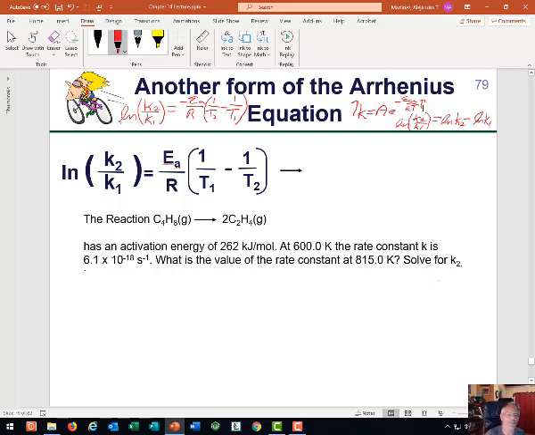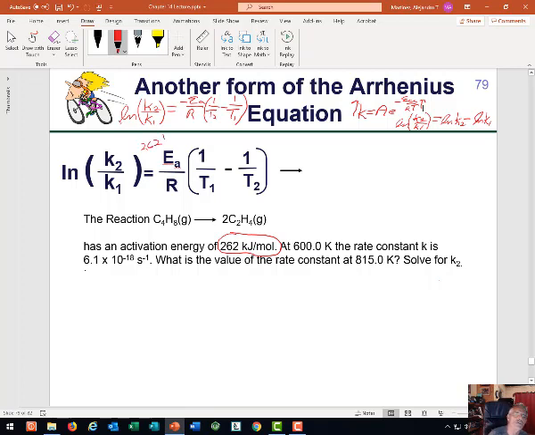In this particular problem, we've got the reaction for the decomposition of butene into 2 moles of ethene. We've got an activation energy of 262 kilojoules per mole, right up here.